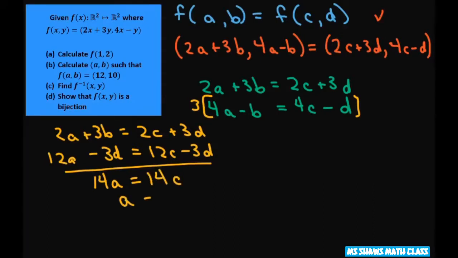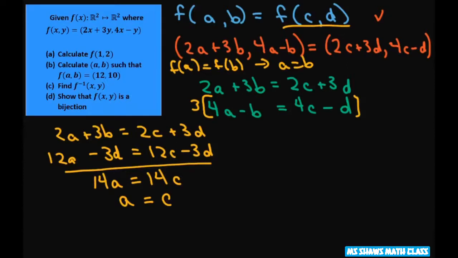Therefore, a equals c, which is the definition of injection. So when you have f of a equals f of b, then a equals b. So that's why we set it up like that.